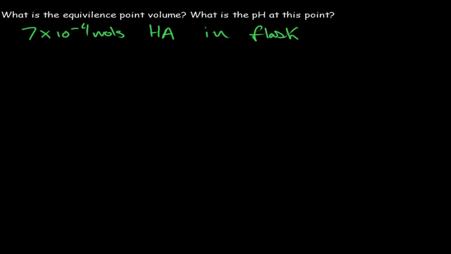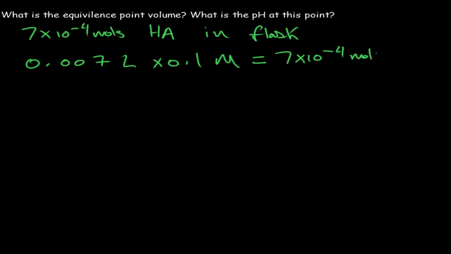But this time, the moles of NaOH added will be different. We'll be adding 0.007 liters times 0.1 molar of NaOH, and that will give us a value of 7 times 10 to the negative 4 moles of NaOH. And you can see that this is why it's the equivalence point volume, because the moles of NaOH added will be equal to the moles of acetic acid in the flask.